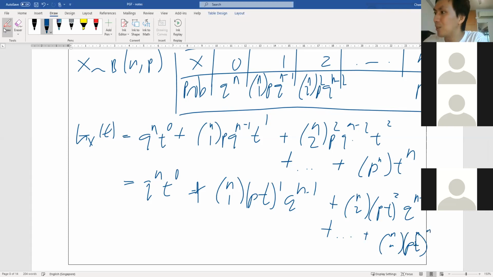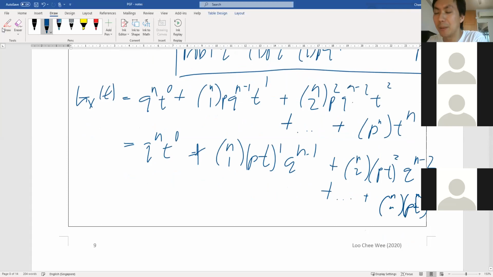Okay, so actually this is a binomial expansion, right? And this can be broken down into (pt plus q) to the power of n.